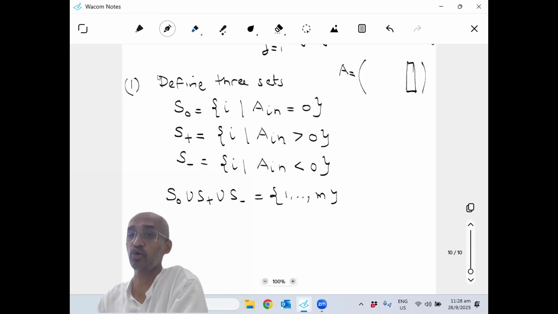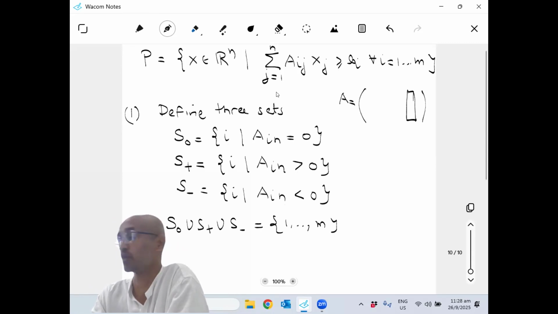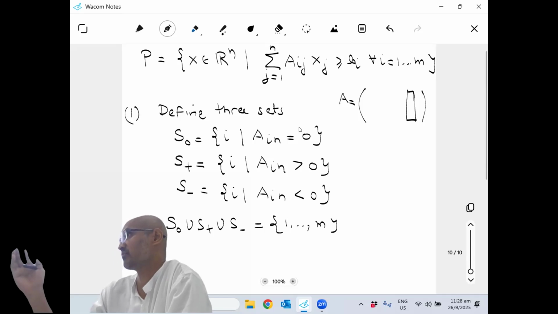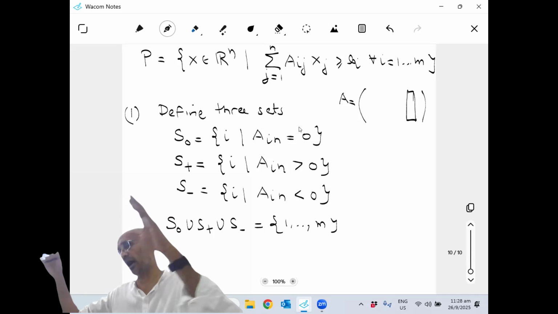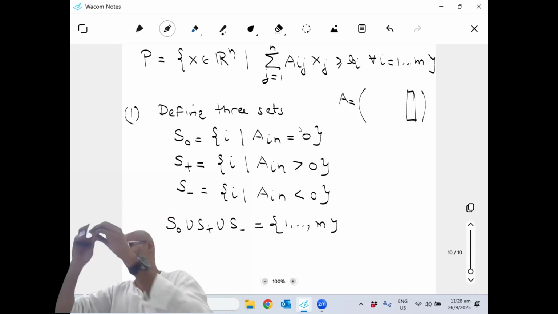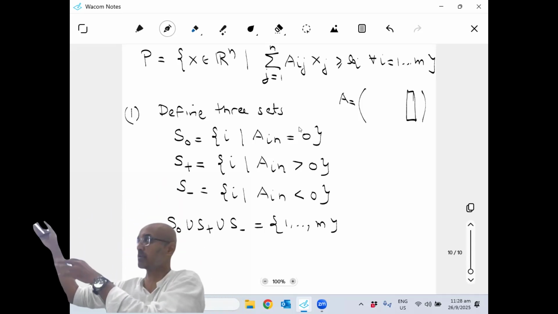Okay. So we're going to just rewrite the constraints a little bit. What happens if a_in is 0? That means x_n does not show up in that constraint. Let's say I've got a problem in 10 variables, and I've got a constraint where the 10th variable is not showing up.